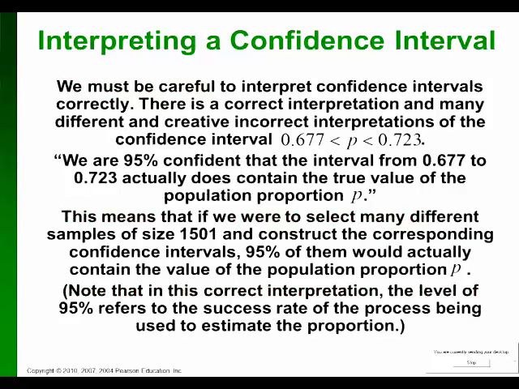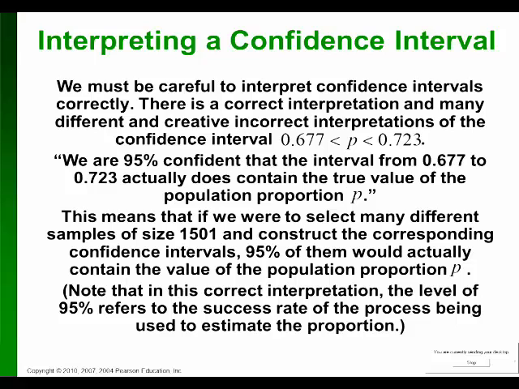If I say that I'm estimating that the population proportion is somewhere between 0.677 and 0.723 for a confidence level of 95%, then what I'm actually saying is I'm 95% confident that this interval contains the true population proportion.